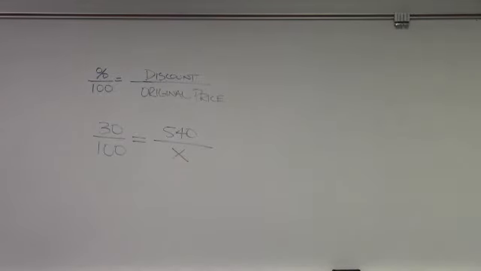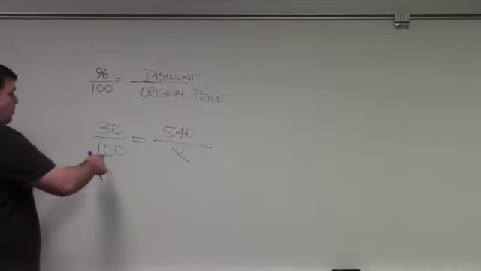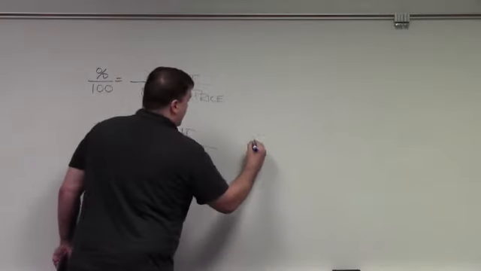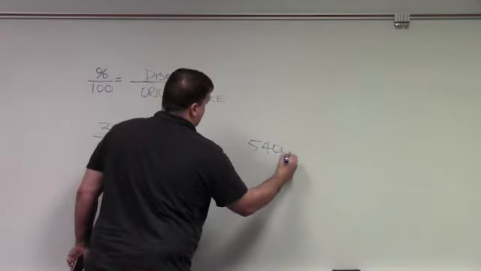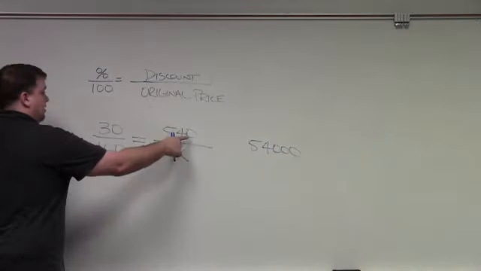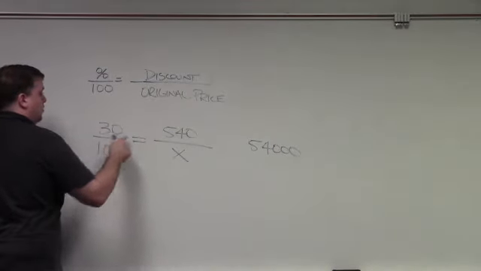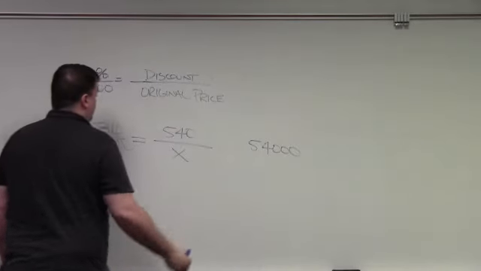100 times 540 is 54,000, divided by 30. Remember when I'm multiplying with zeros, I just add the zeros to it: 1 times 54 plus the 3 zeros.